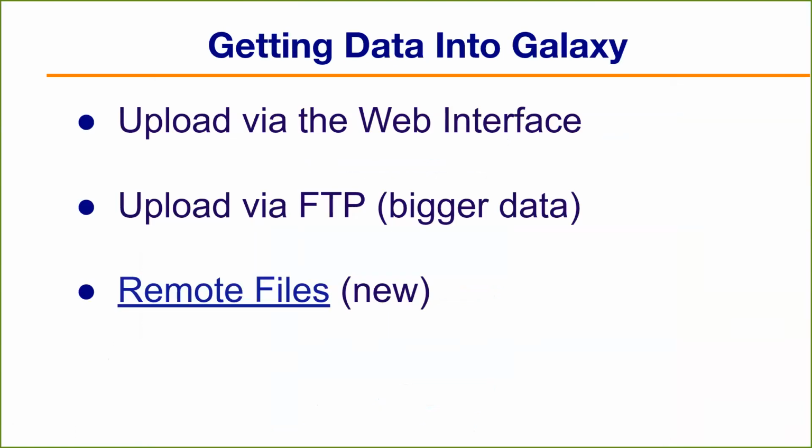And then how do you get data into this thing? It's sitting on the web somewhere. So there's a web interface, so you can upload the data if you have it on your local computer. You can just upload via the web browser. That is perfectly fine for most data. But the second option is that the Galaxy servers can have an associated FTP server.